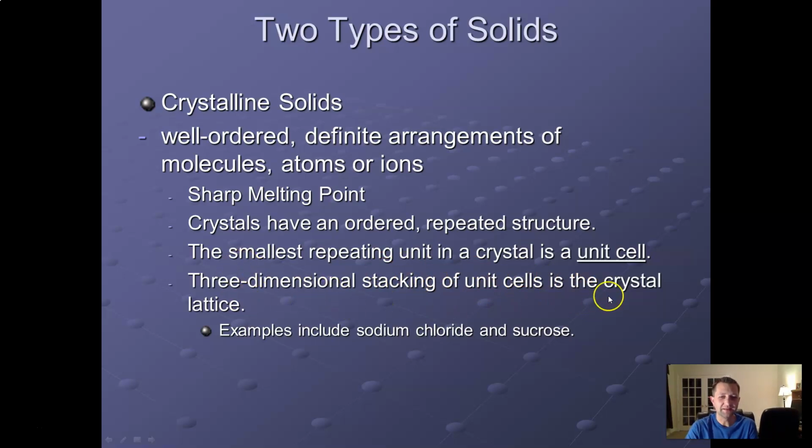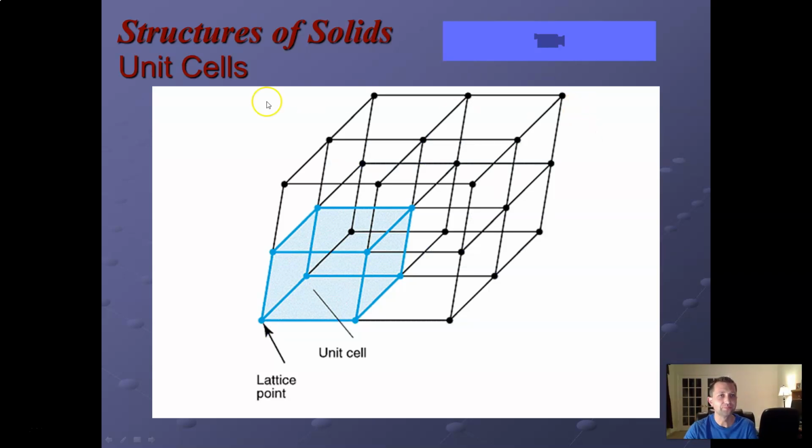A lot of that isn't part of the AP Chem curriculum, but it's really cool to see how some of these ionic compounds come together and how the particles organize themselves to make that crystal lattice. I already mentioned sodium chloride. Sucrose, sugar, is another example of a crystalline solid. Again, it's what we typically think of when we think of solids.